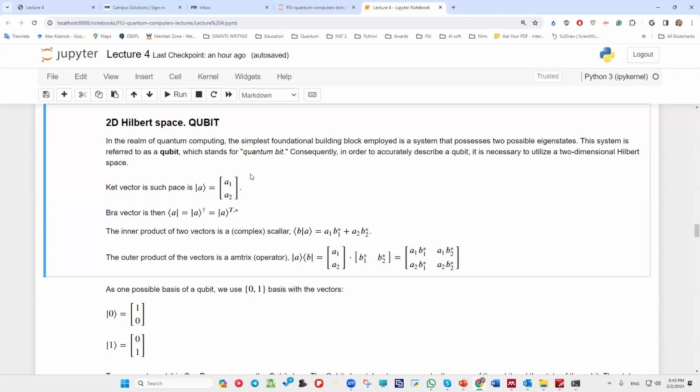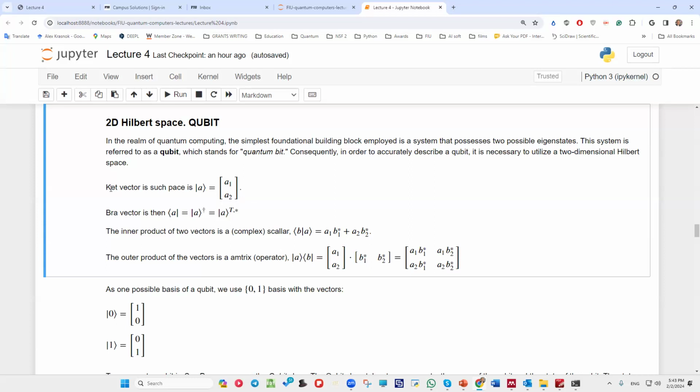Linear superposition. We will discuss that in more detail in what follows, but here I summarize the mathematical objects we will need to talk about qubits and two-dimensional Hilbert spaces.